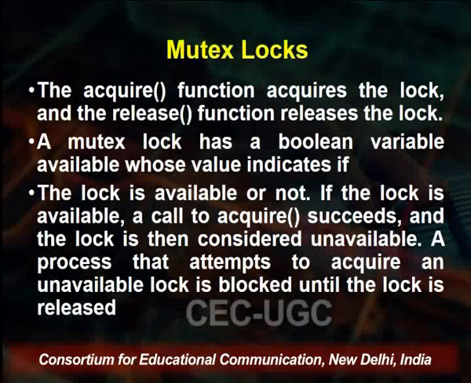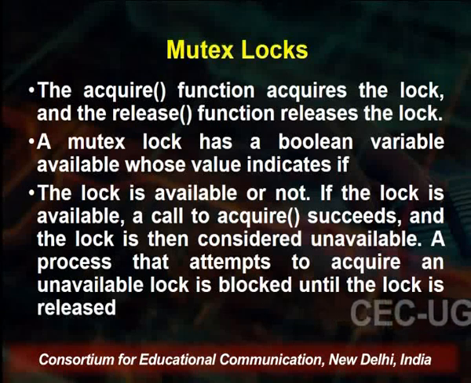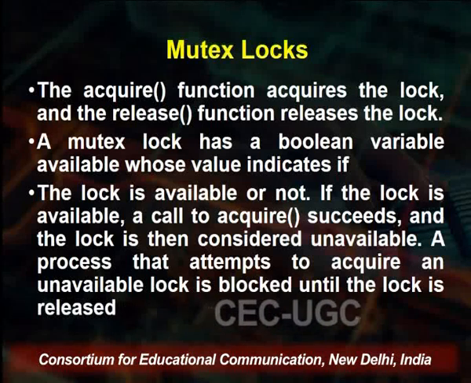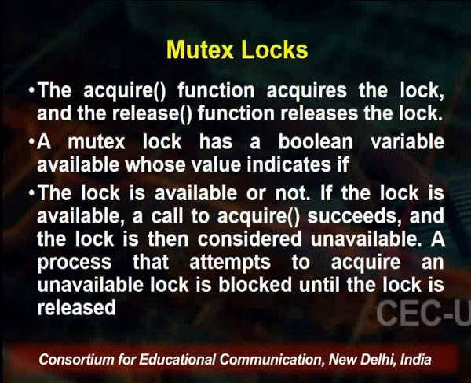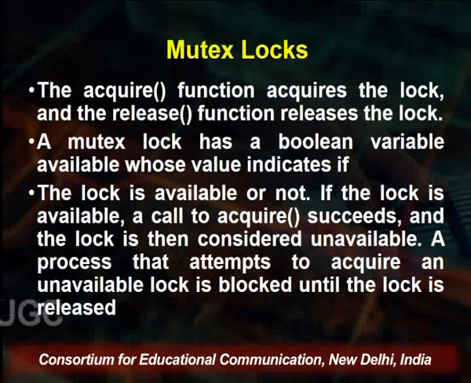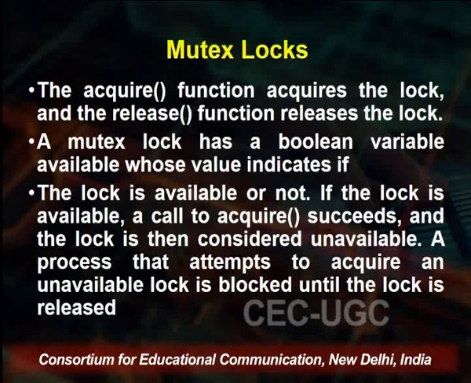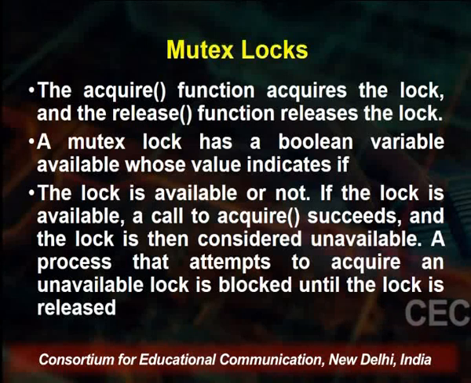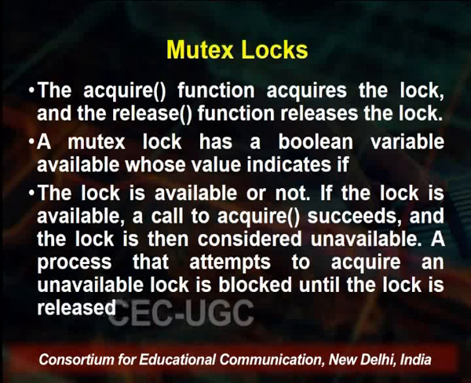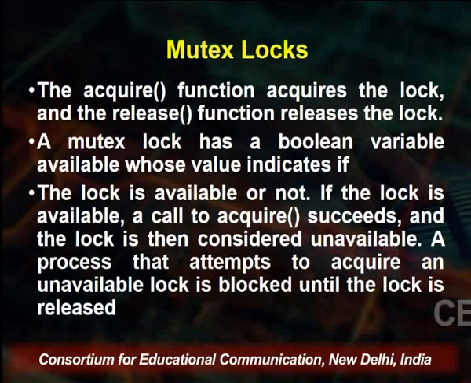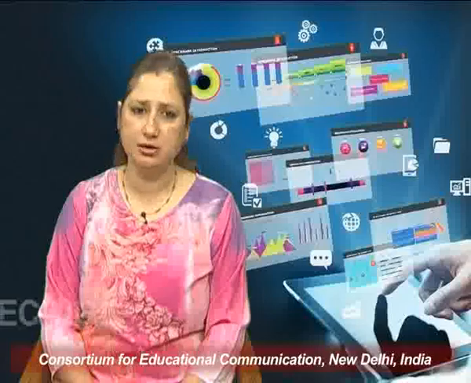The mutex lock has a boolean variable available, and the value of this variable indicates whether the lock is available or not. If the lock is available, then a call to acquire will succeed, and the lock is then considered unavailable. If a process attempts to acquire an unavailable lock, it is blocked until the lock is released.